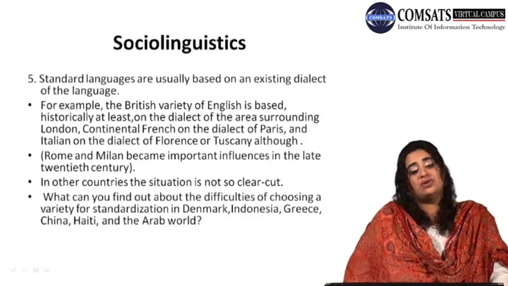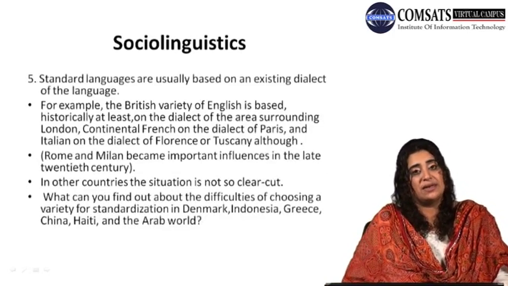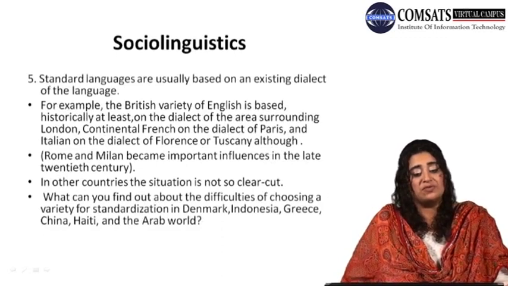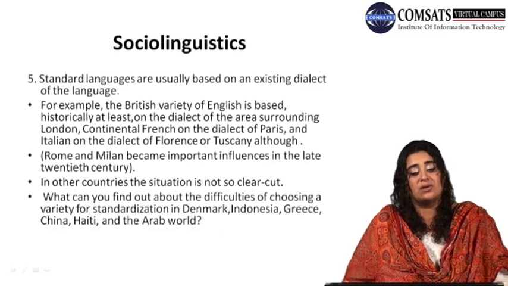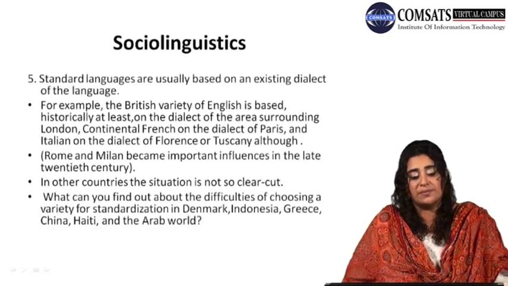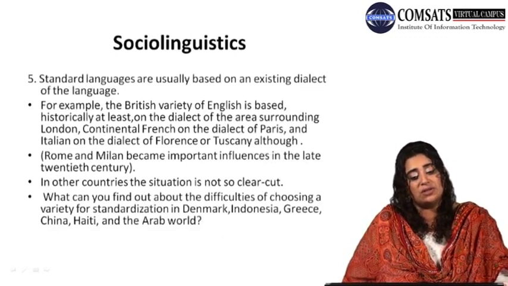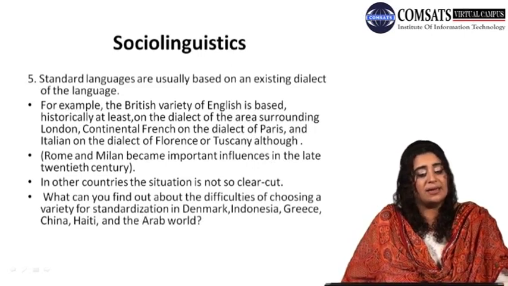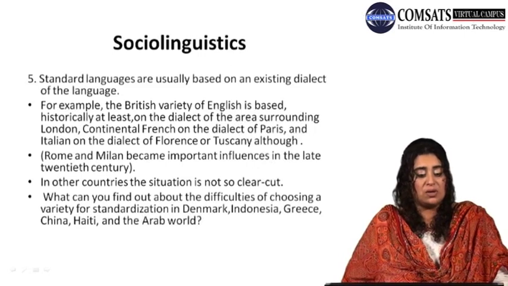Standard languages are usually based on an existing dialect of the language. For example, the British variety of English is based, historically at least, on the dialect of the area surrounding London. Continental French is based on the dialect of Paris, and Italian on the dialect of Florence or Tuscany, although Rome and Milan became important influences in the late 20th century.